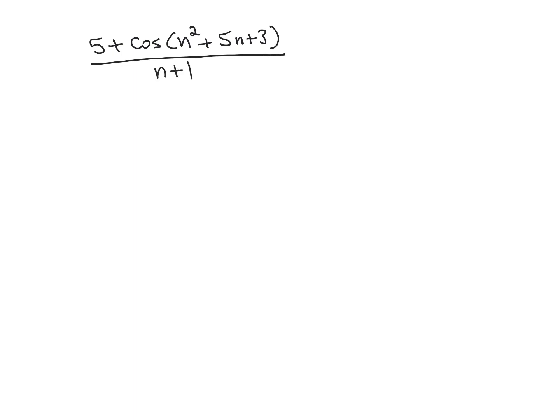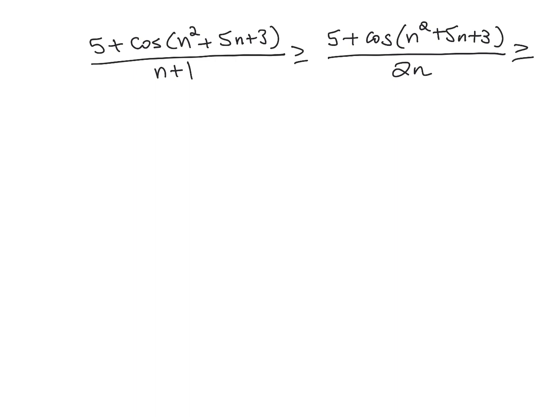So we have this inequality: 5 plus cosine n squared plus 5n plus 3 over n plus 1 is greater than or equal to 5 plus cosine n squared plus 5n plus 3 divided by 2n.